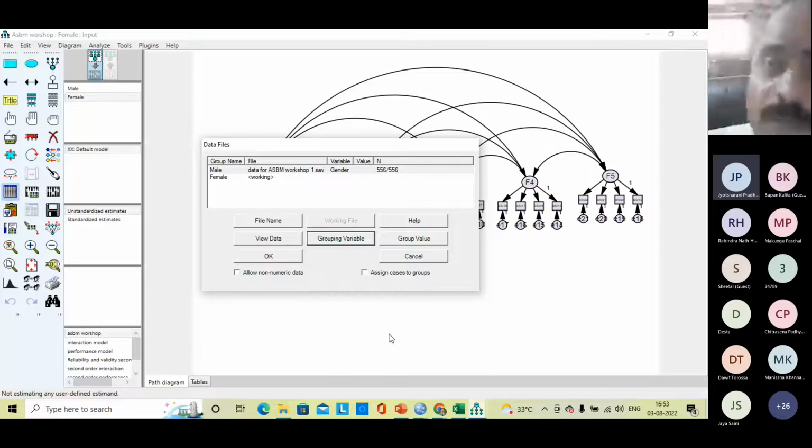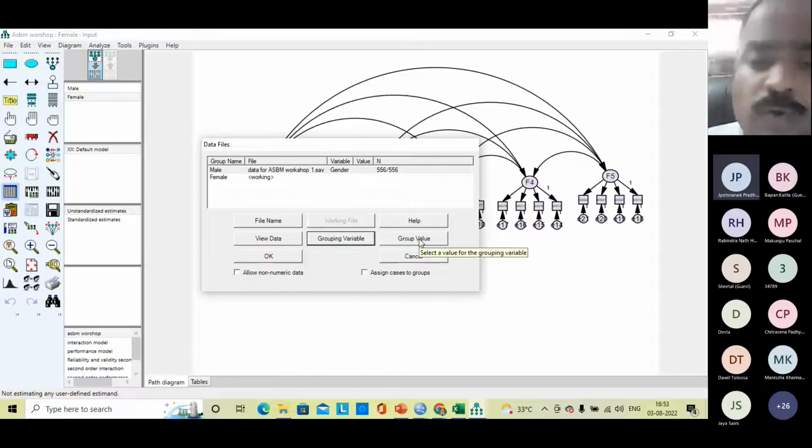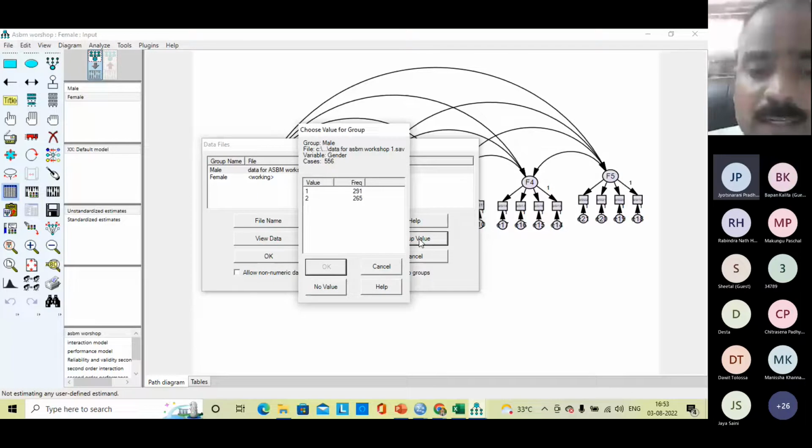test the multi-group testing. Now, what are the labels? There is another icon, group value, in the same pop-up box. Click there. Then another pop-up box will automatically appear. Look at my screen.